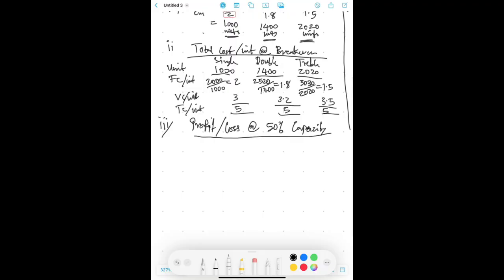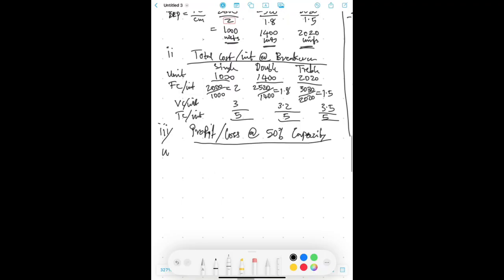What is their 50% capacity? That is the number of units. At 50%, the examiner gave us what to use for single, double, and treble, as specified in the question. It should be 750, 2,000, and 3,250.